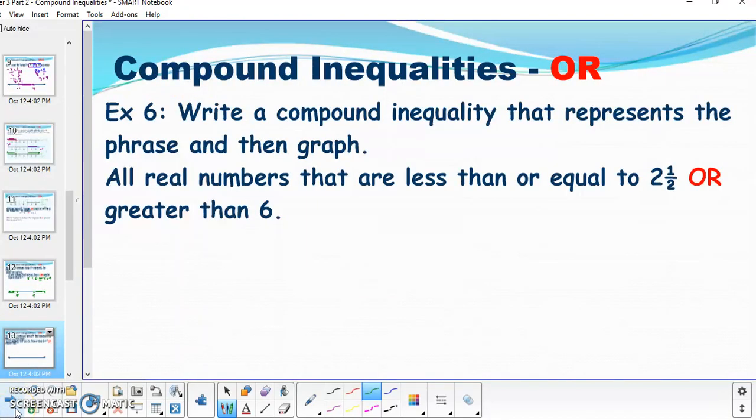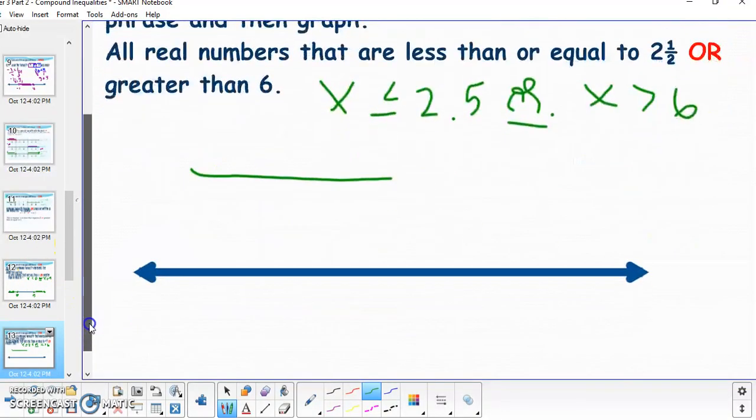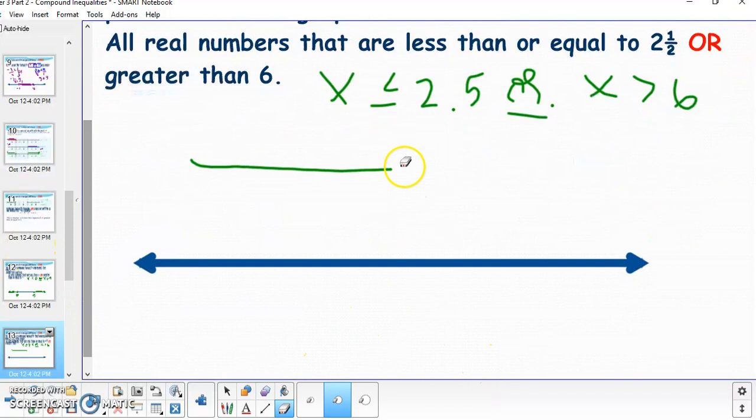Let's try another one. All real numbers that are less than or equal to 2.5 or greater than 6. I'm sure I have a graph down here. Yep. So how would I graph this?